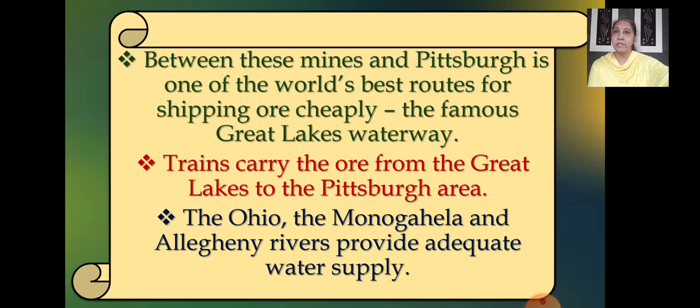See, here also you can see all factors have been taken into consideration before choosing the location for the industry. Then the famous Great Lakes waterway is the best route for ships for the transportation. Then the trains carry the ore from the Great Lakes to the Pittsburgh area. The Ohio, the Monongahela and the Allegheny rivers, these three rivers provide adequate water supply.